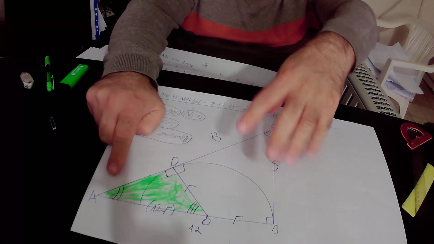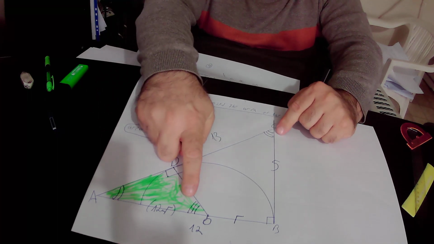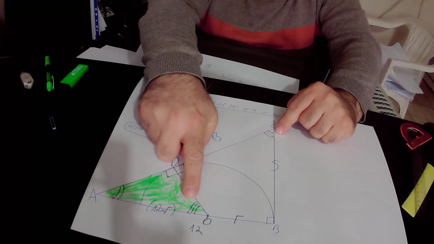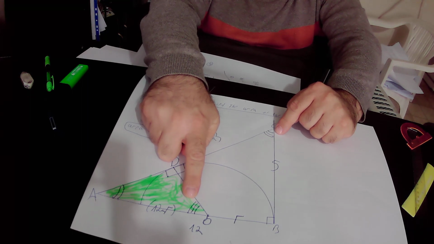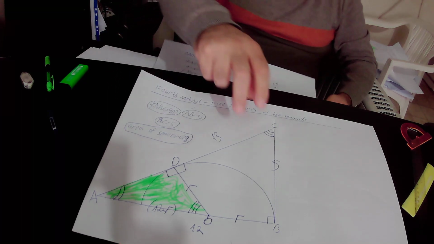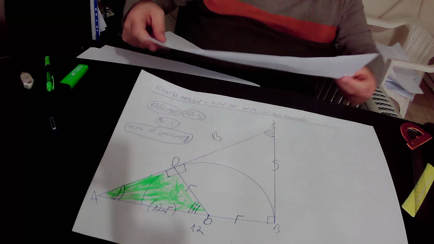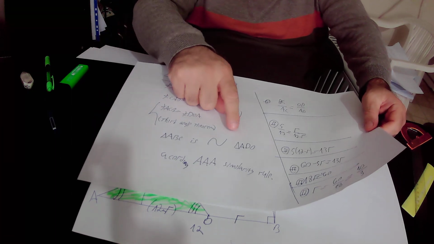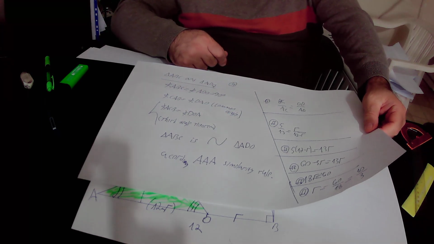So we have two pairs of angles that are congruent, therefore the third pair of angles must also be congruent. So we prove that all three angles of triangle ABC are congruent to all three angles of the green triangle, therefore triangle ABC is similar to triangle ADO according to the angle similarity rule.